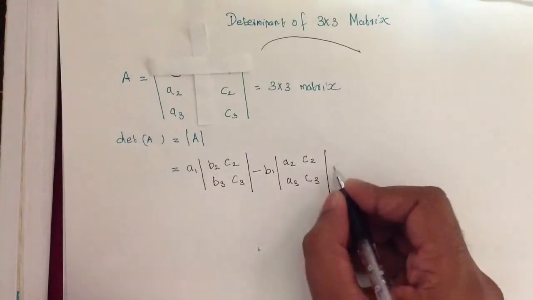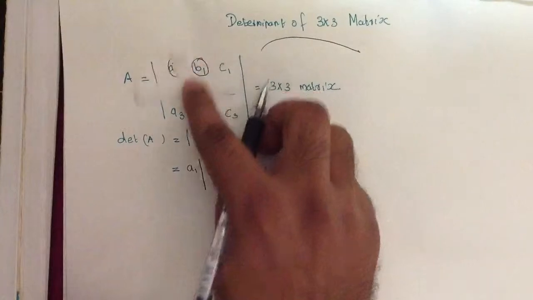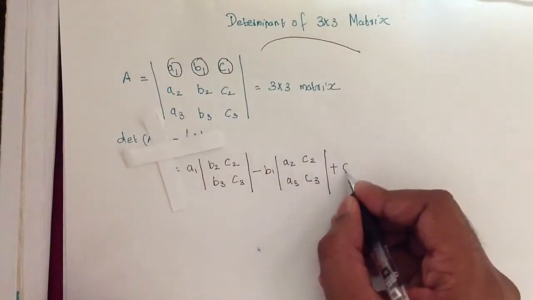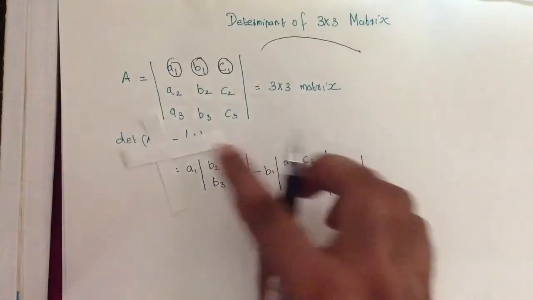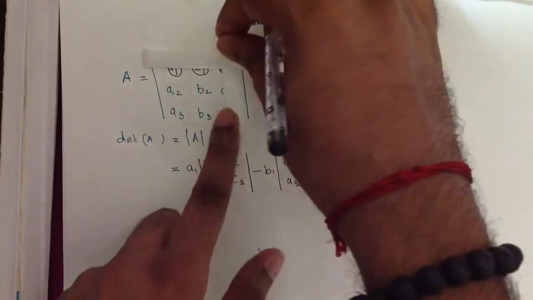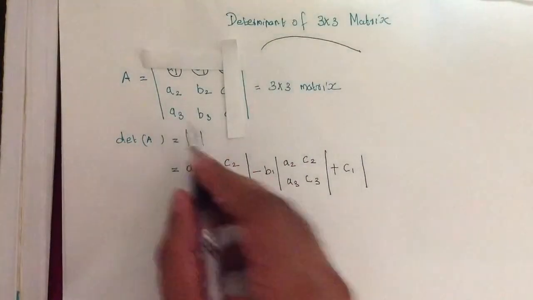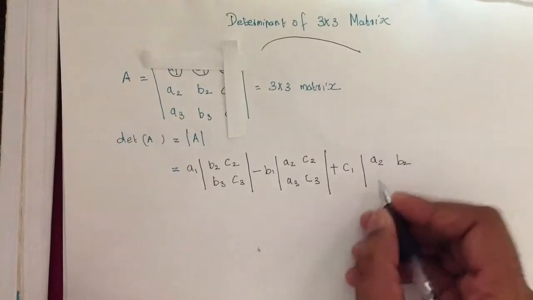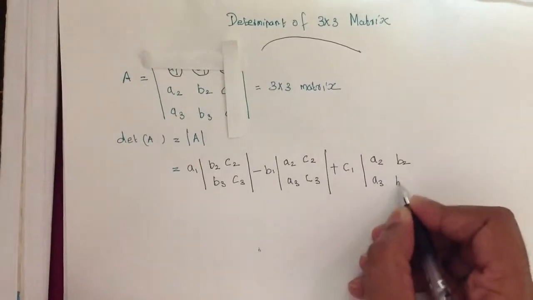Then the next sign will be plus, and the next one we find is c1, times the determinant of what remains after closing its row and column: a2 b2, a3 b3.